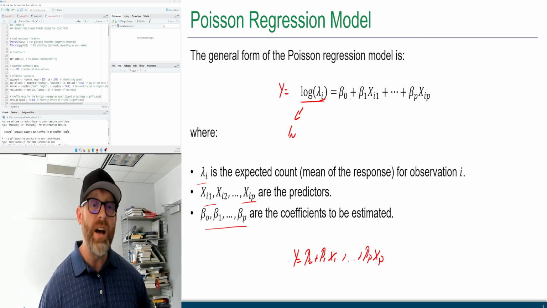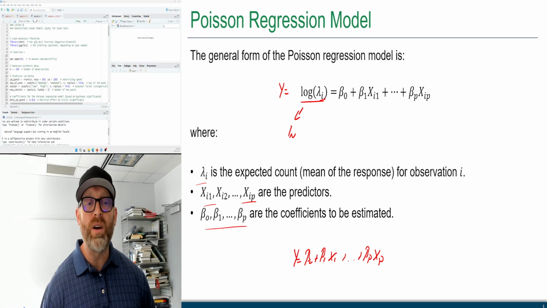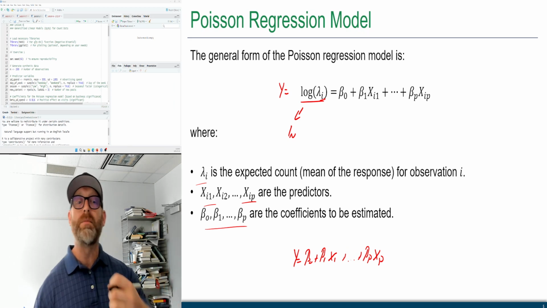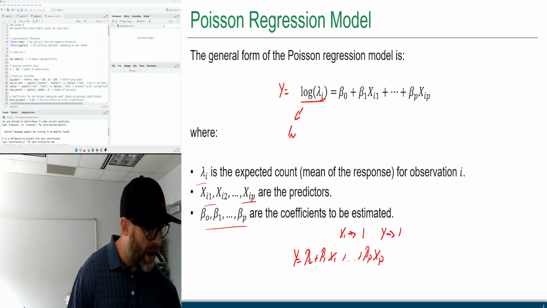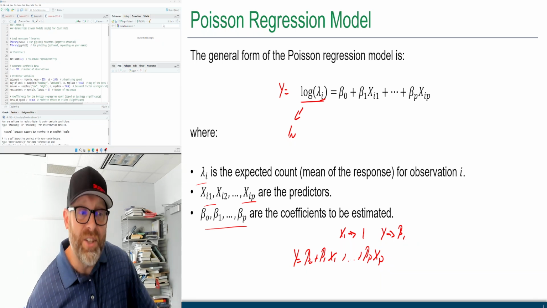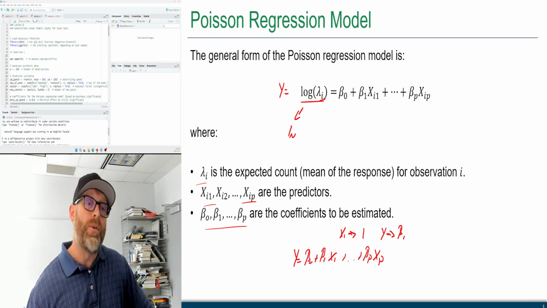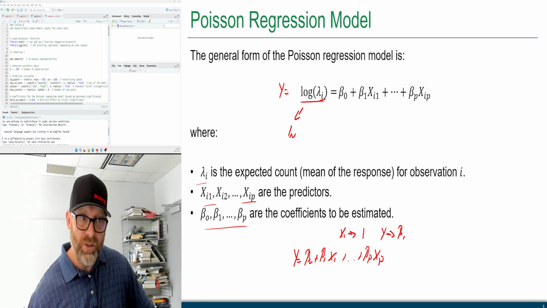So if I wanted to know how my model changed if I increase or decrease one of my predictors, all I have to do is go to that specific beta. So for example, if x1 increased by 1, well, we see that y, the average, is going to increase by beta 1. If it increased by 2, then it's 2 times beta 1, and so on and so forth. So there is a natural way of being able to explain if I increase this predictor, this is exactly the change that's going to happen in terms of my mean average.